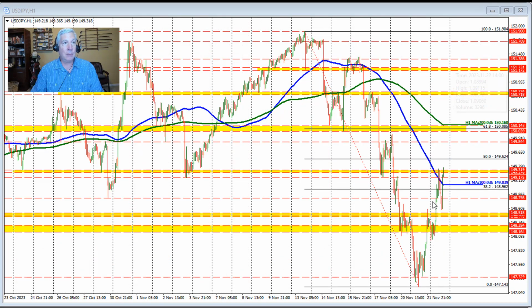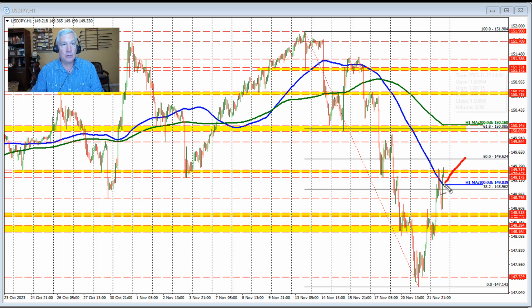Looking at the hourly chart, we're also trading above and below the 100-hour moving average, similar to what we saw in the euro, except this move to the downside, and the slope of the 100-hour moving average is more pronounced for the sterling versus US dollar. I think the euro dollar 100-hour moving average is moving more sideways. So we are seeing a break above that level, which came up to this swing area initially, and then rotated back to the downside, and then reestablished bias to the upside and trading above the 100-hour moving average at 149.044.